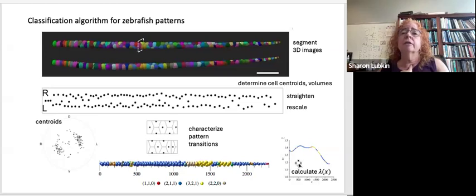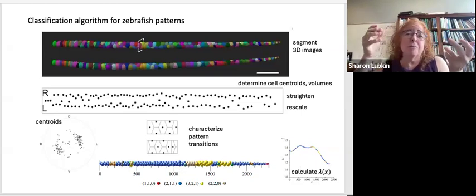And that allowed us to calculate the lambda as a function of position, characterize the local patterns, and so on, and then be able to do the statistics on the patterns that we were observing. And the gel bead systems were much easier because we didn't need to do any microscopy. You could just hold up the tube and count. And the diameter was consistent with the gel bead tubes.